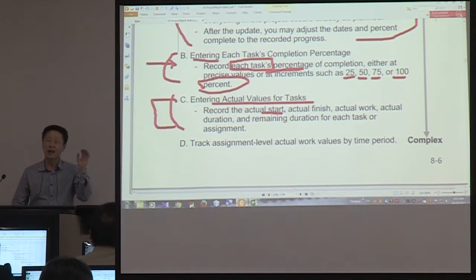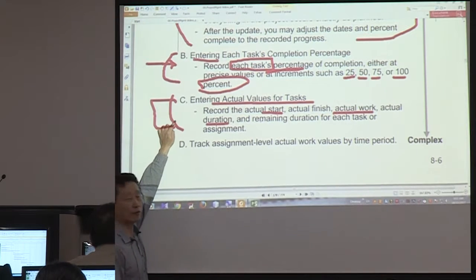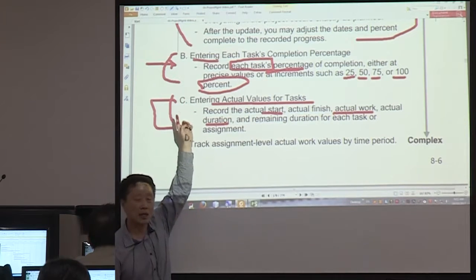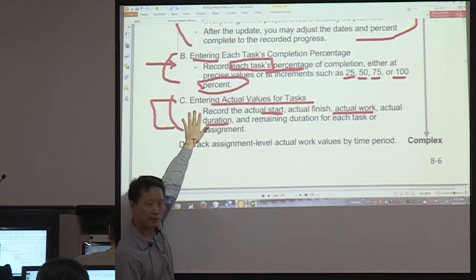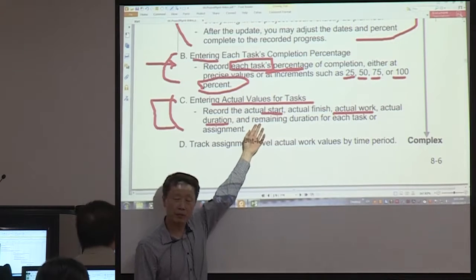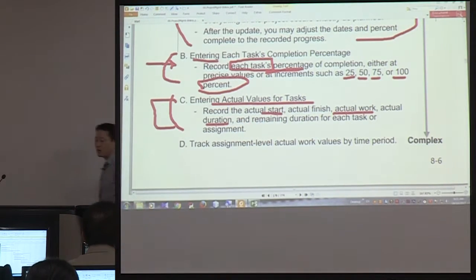You actually enter the date, and you enter the actual work value and actual duration, and so on. So in this level, you are entering numbers of time and date. In level two, you are entering percentage only. So it is more difficult to track, but it will be more accurate. Okay, so that's the third level.